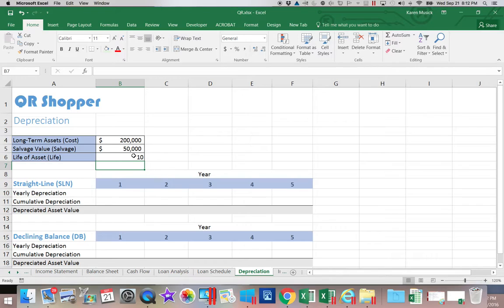If I determine after 10 years that it's still serving a good business purpose and I don't need to get rid of it, you just don't get to take any expense anymore. A lot of times I have fully depreciated my computers and I still use them for a very long time.